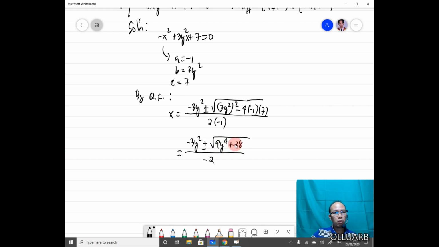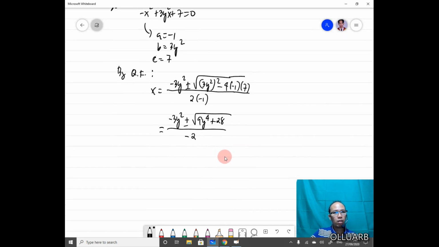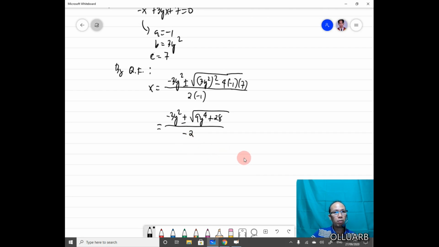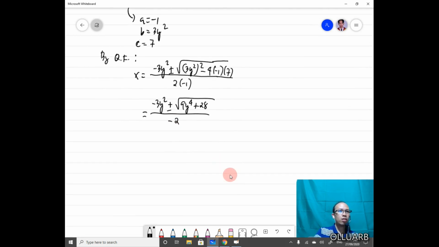The radicand must be greater than or equal to 0 because it is in the numerator. Our denominator doesn't have a variable. So from here, 9y to the 4 plus 28 must be greater than or equal to 0.